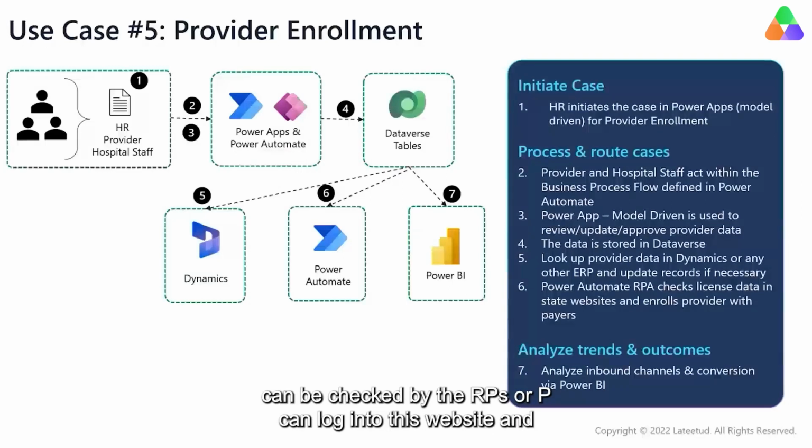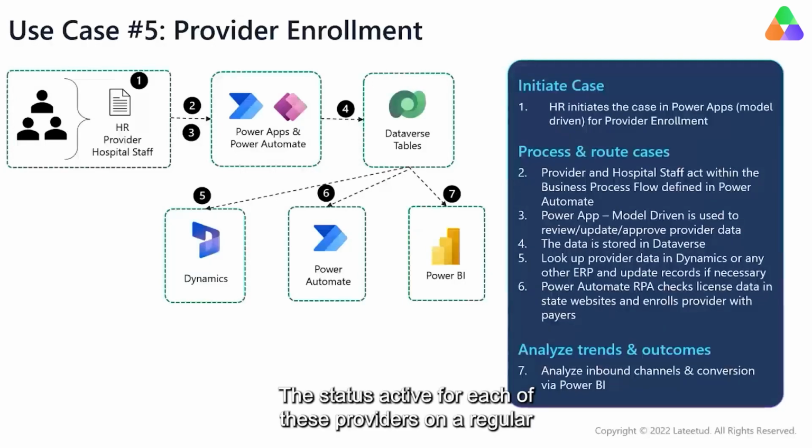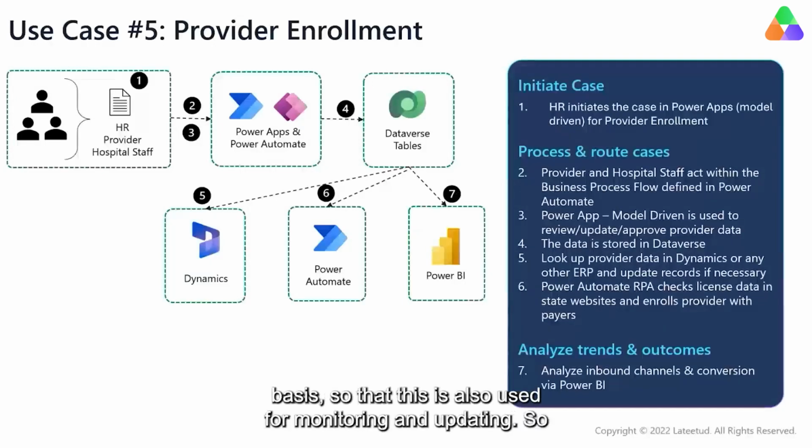So RPA can log into these websites and get that confirmation. And then RPA can also submit the information to various payers once all that check and validation is performed. And this system is also used for updating and keeping the status active for each of these providers on a regular basis, so it is also used for monitoring and updating.